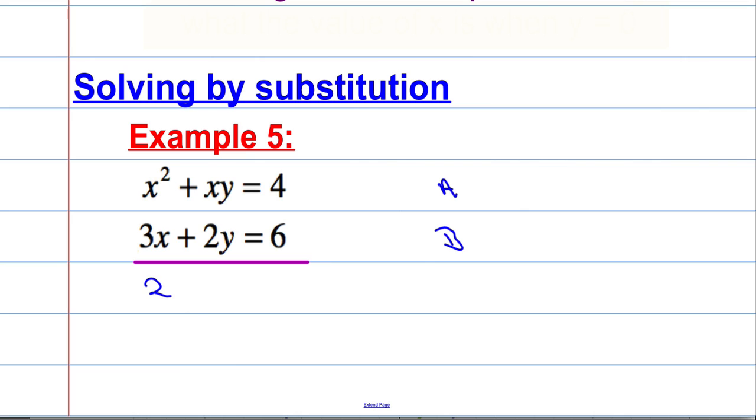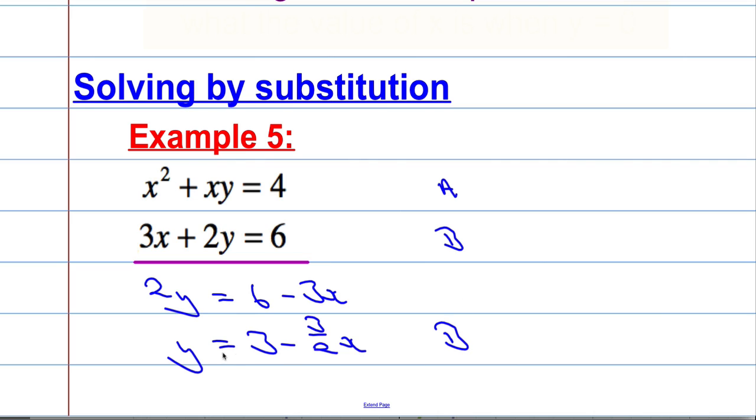So 2y will equal 6 minus 3x, which means that y will equal, divide everything by 2, so 6 divided by 2 is 3, minus, and then it's easier to leave this as a fraction, 3 over 2 times x, so it's 3 over 2x, so that's what y is, and this is equation B.